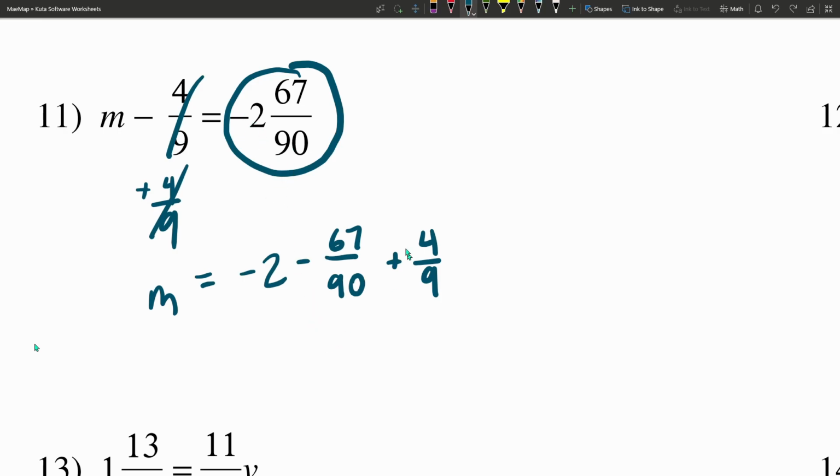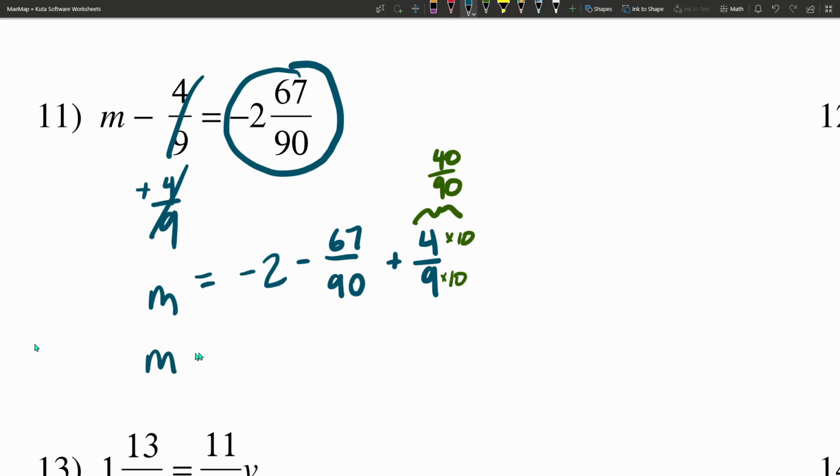However, it's negative. Now, in order to simplify this down, I'm going to want to change 4/9 so that it's in terms of 90ths. And I can do so by multiplying both by 10. 4 times 10 is 40, 9 times 10 is 90, so 4/9 multiplying both by 10 becomes 40/90.